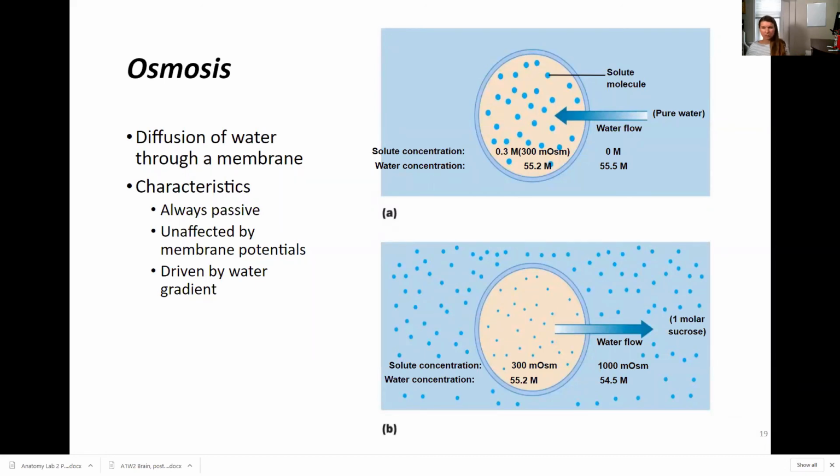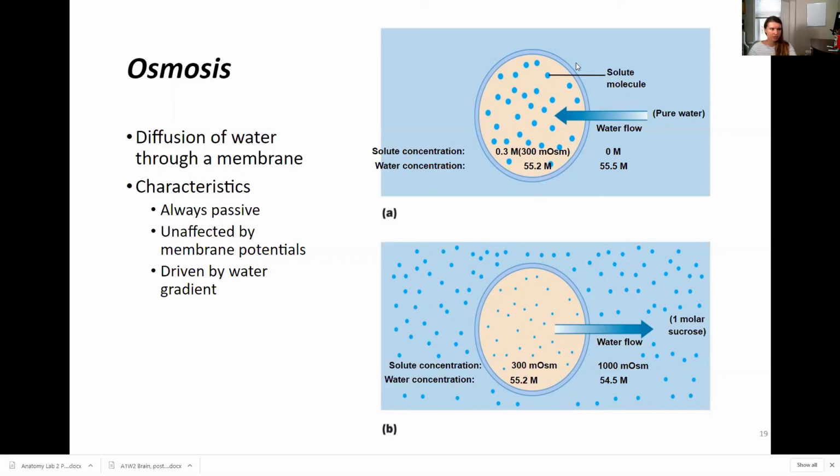But when we're tracking the movement of water, we're not really looking at the salt gradient. We want to know about the water. So we need to use that information about the molecules dissolved in the water to figure out how much space there is left for water. Tracking a water gradient is kind of like tracking negative space.